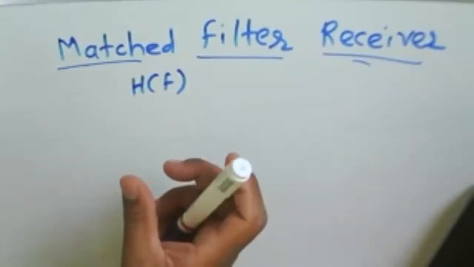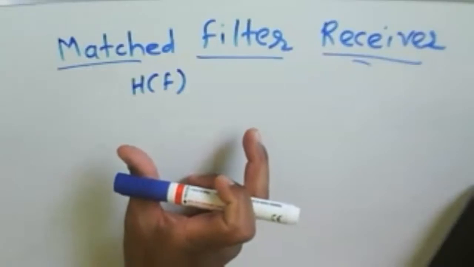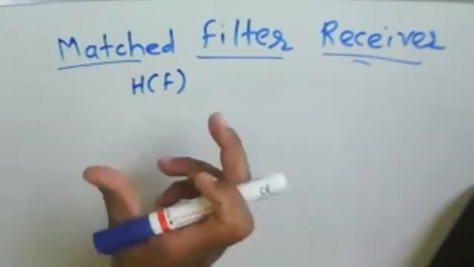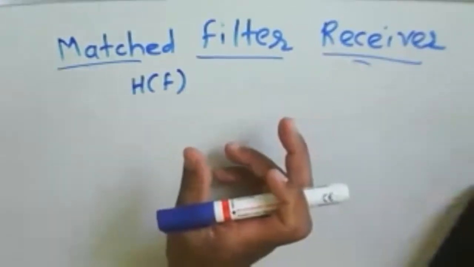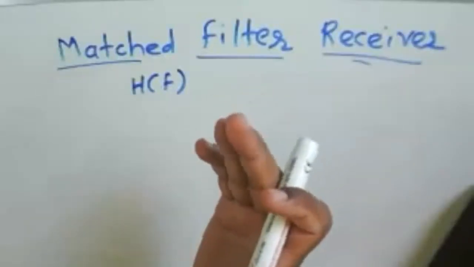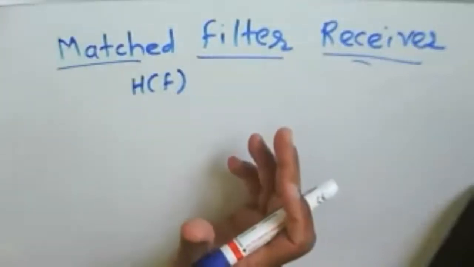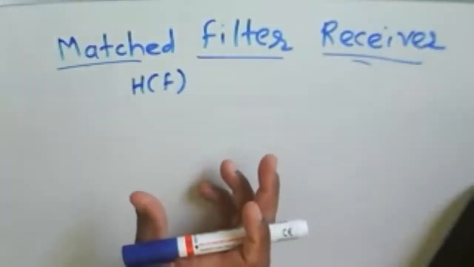If we consider that the bandwidth is large, we can say the receiver path bandwidth is large. So the occupation of the signal by the receiver will be large.